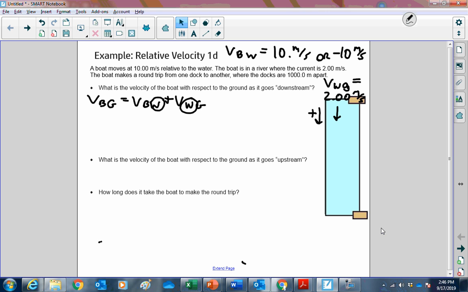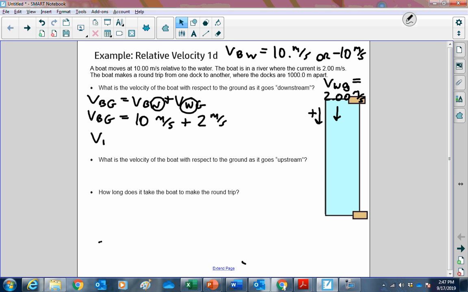Because I've got the boat going in the positive direction along with the current on the downstream way, I'm going to add those two vectors.